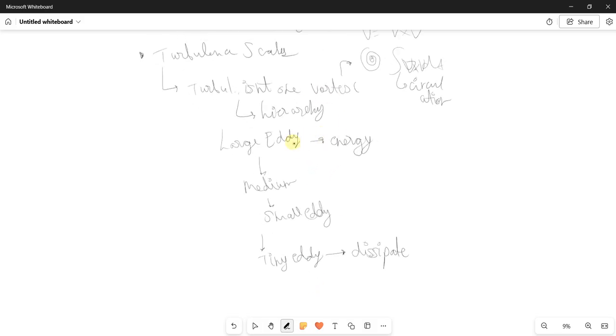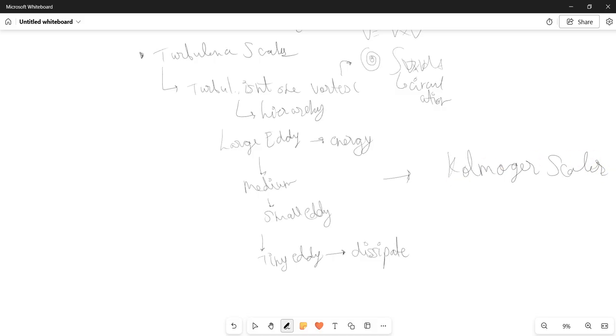By eddy here, you can just think of it as a viscous vortex, right? The larger ones carry energy, and as they become small, they are giving out energy, right? There's one more tiny scale, which we call the Kolmogorov scales, right?